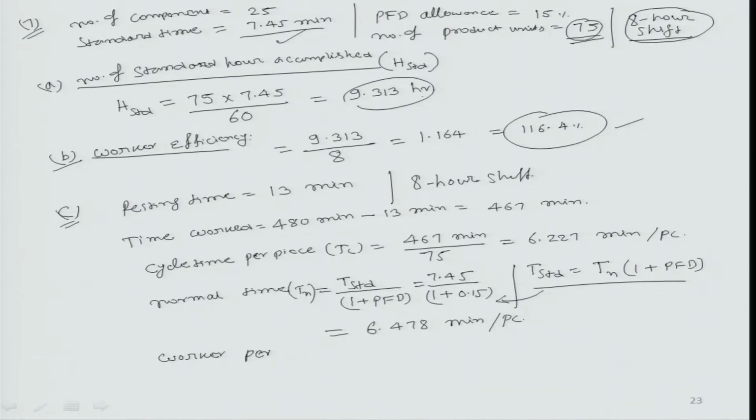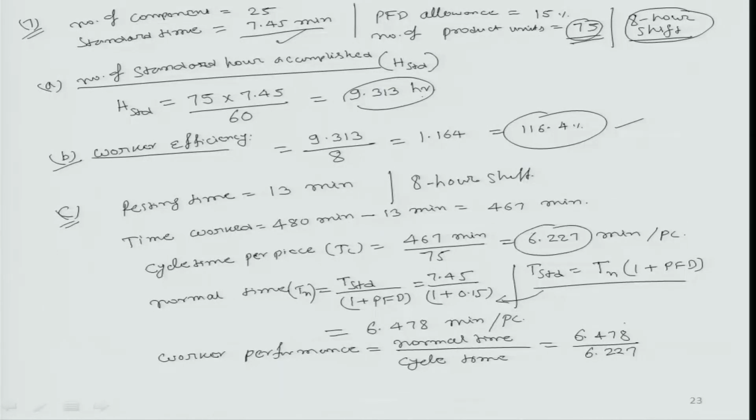Okay, so now if you want to calculate the worker's performance, what will it be? That will be equal to normal time divided by cycle time, 6.478 divided by 6.227, and this will be equal to 1.04.